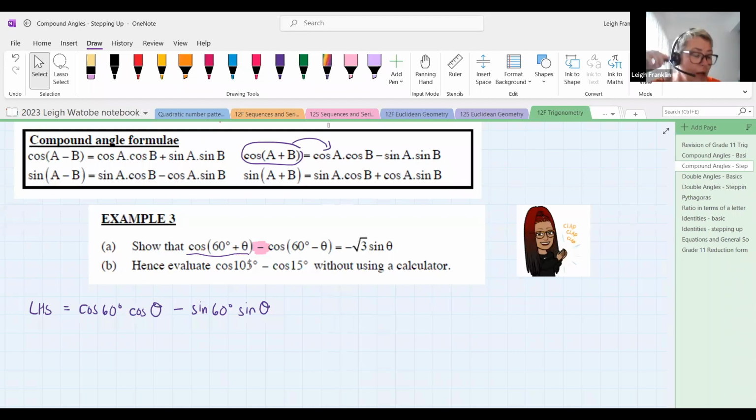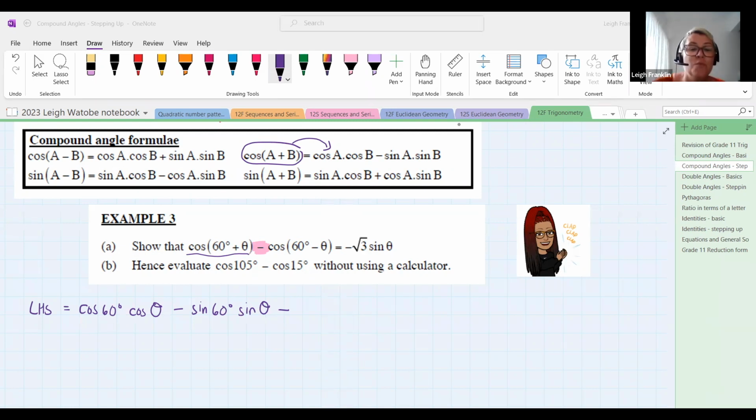So what helps us remember to change the signs after my minus? Absolutely, brackets, brackets, brackets.